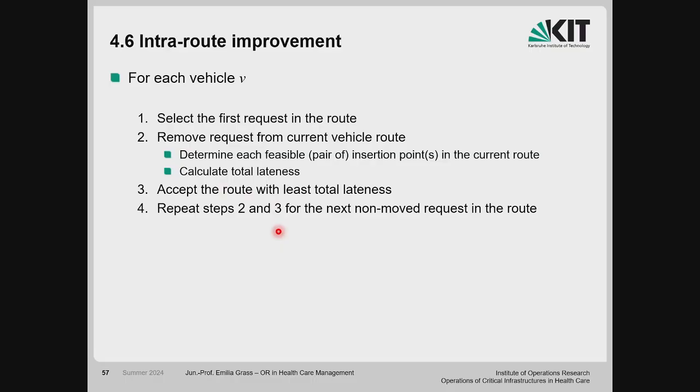If we are done with the first request, we move to the second and so on. So we check all moves that haven't been done before, till everything is checked. And it could be that we already found the perfect route, so that we cannot improve the route anymore. And that's the best route we could have.